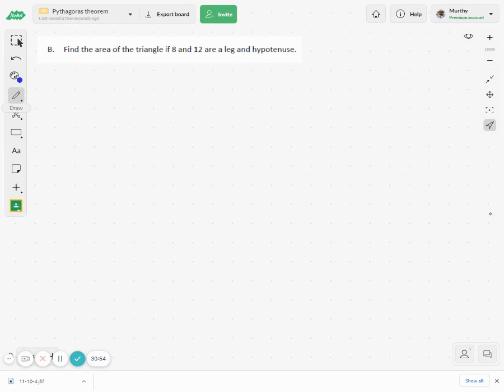So, first of all, let me visualize the given question. There is a right triangle, because when it is mentioned that hypotenuse exists, it is in a right triangle, you know that. So let me mark it as 90 degrees with a square here, and the side opposite to 90 degrees is the hypotenuse.